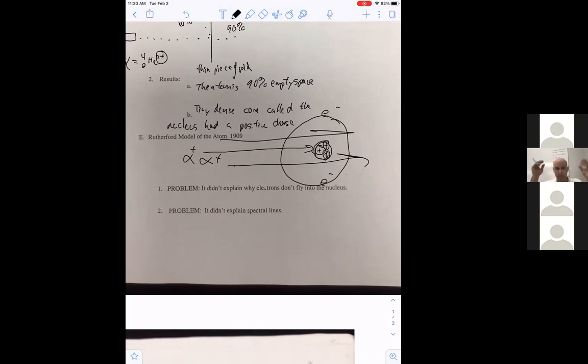Unlike paint, so if you mix all your paints together, you get brown, right? Light is not like that. If you mix all the colors of light together, it's white, okay? You can separate white light into its individual colors, okay?